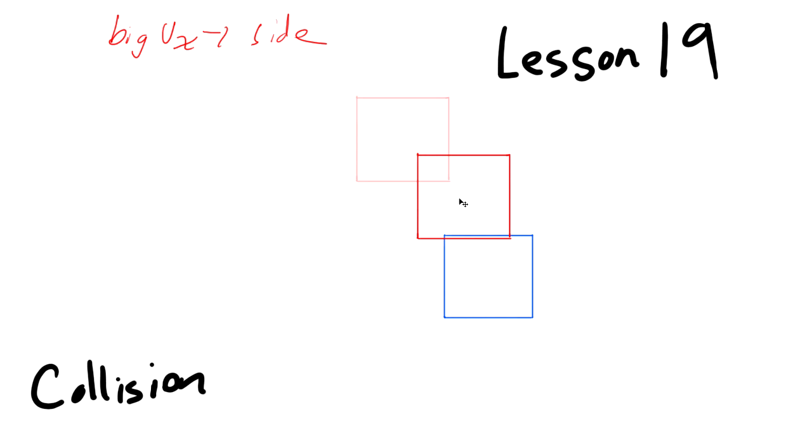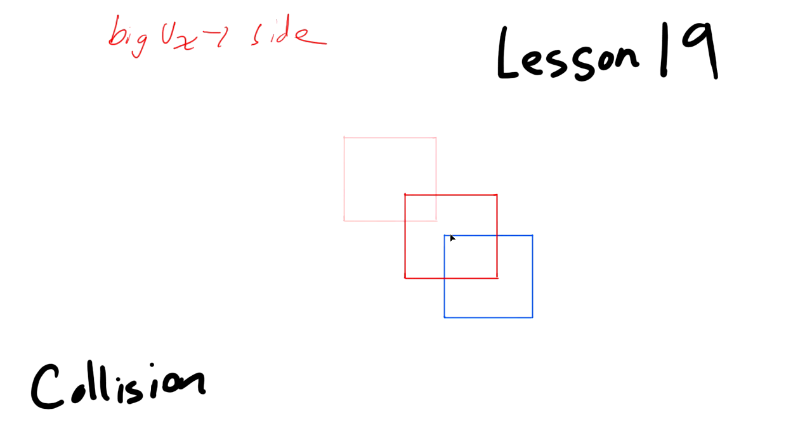And slightly less top penetration than side penetration gives us a slight collision on the top. Basically it just nicks corners here. The corners nick each other.